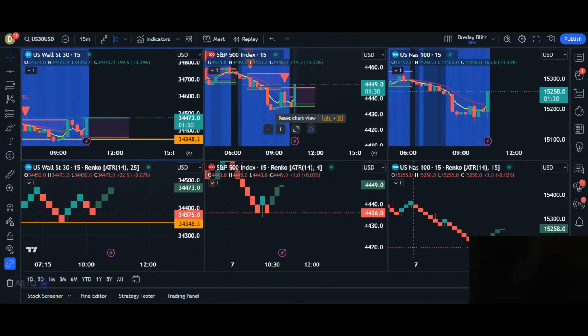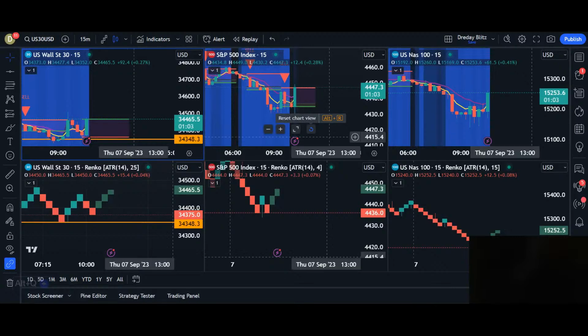For your emotion, the way that I was able to manage my emotion overall was to add some confluence to my trading. To remove your emotion, you need to add something that will keep you calm and give you some confidence in the market. And the way that I do it is with the Renkos.